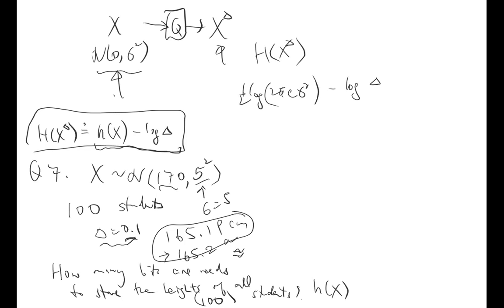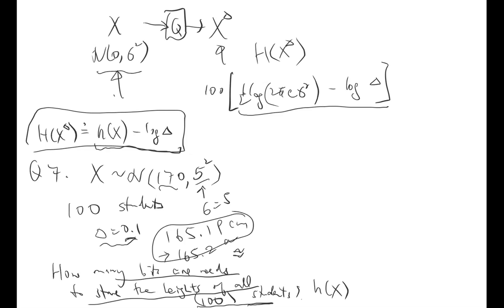Most of you, besides Kanju, I guess, forgot to multiply by the total, because the question is asking how many bits are needed to store the height of all students. So I have 100 students. Per student, that would be the number of bits needed, so if I have 100 students, it's 100 times that.